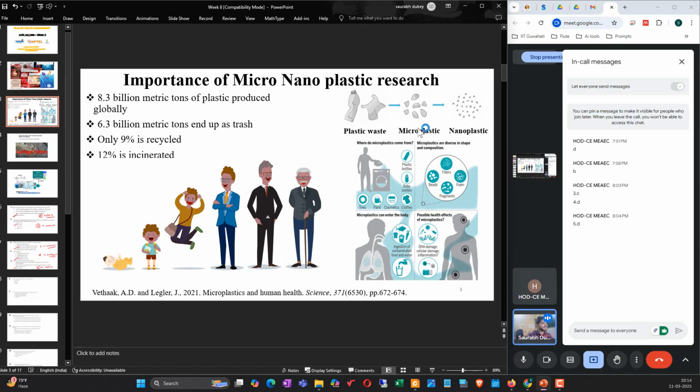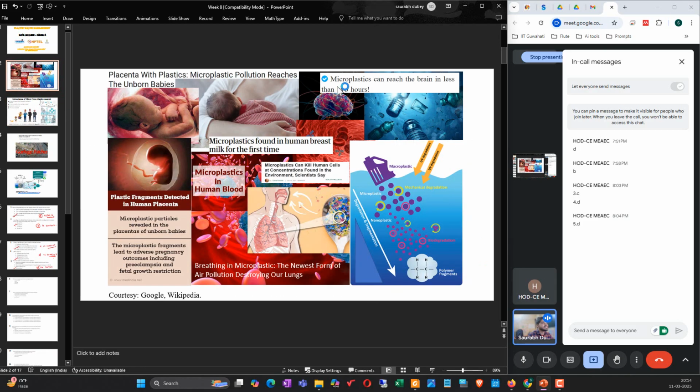There are reports that they are in the lung, in the blood, in mother's breast milk, and in the placenta of the woman. So most probably it is interacting with the newborn baby.